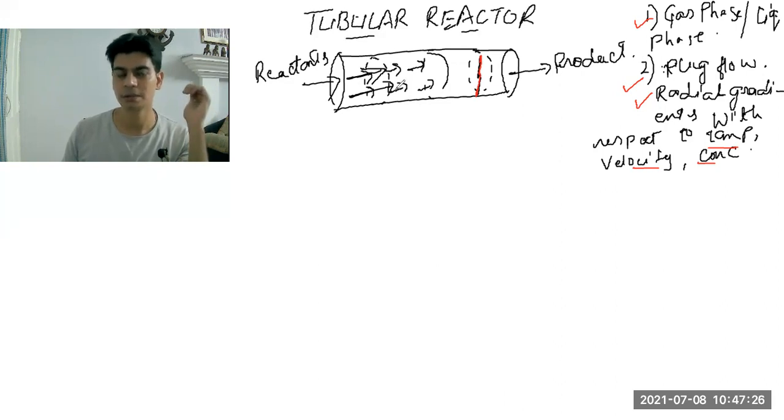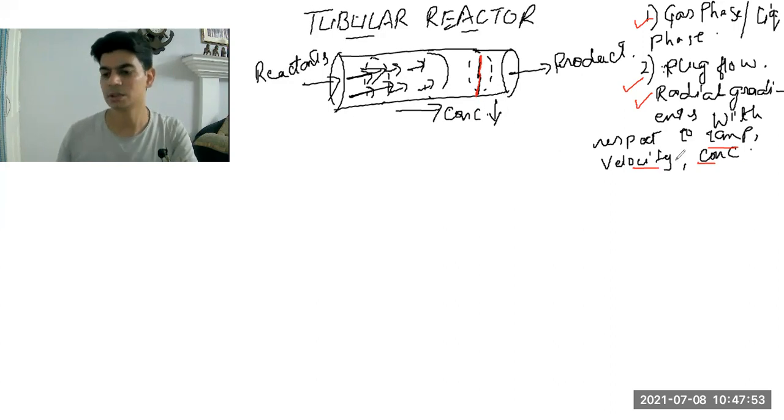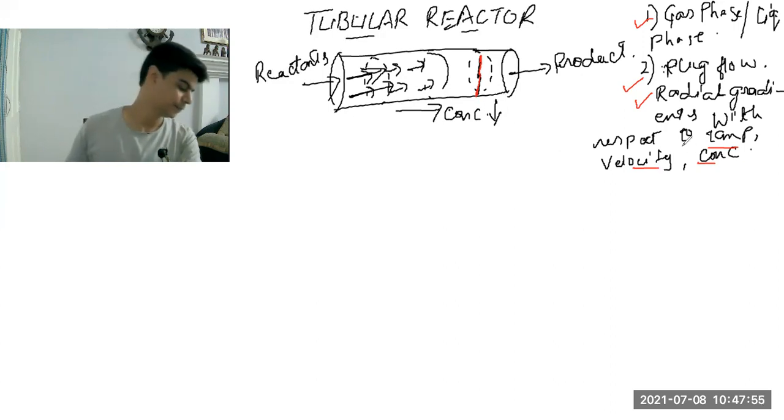So the concentration of reactants in the axial direction will decrease. As the reaction progresses, the concentration of reactants will go down in the direction in which the liquid or gas is flowing. Down arrow means it is decreasing in this direction.